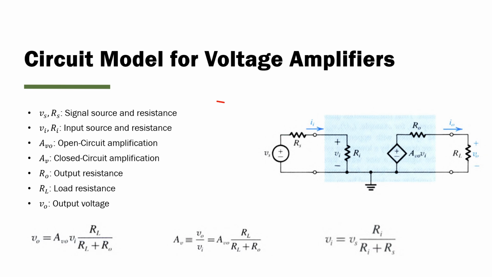So if I was trying to draw out an actual amplifier, I would have my V_s here, my source. Then I would have my source resistance.